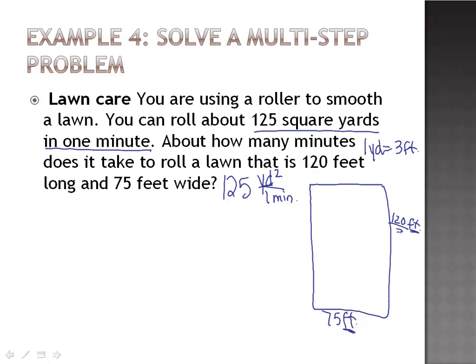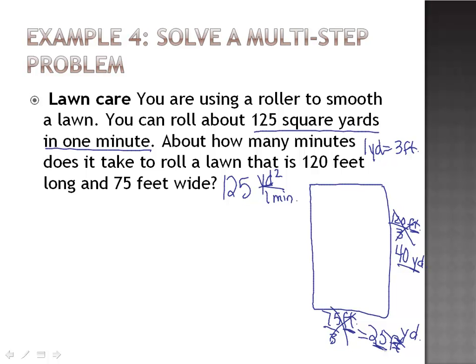So I'm just going to divide this by 3. That'll give me 40 yards here. And if I divide this by 3, I get 25, whoops, not feet, yards. So now I know I'm going to have the same units. I'm going to use 40 yards here, and I'm going to use 25 yards here.